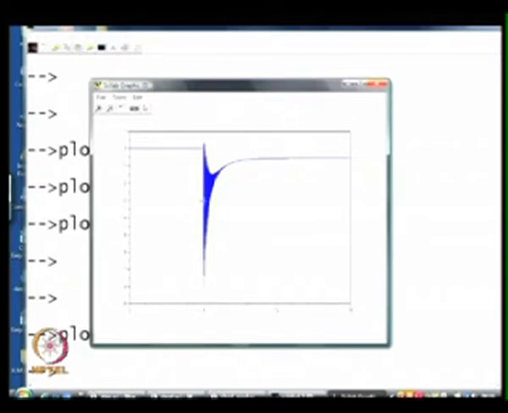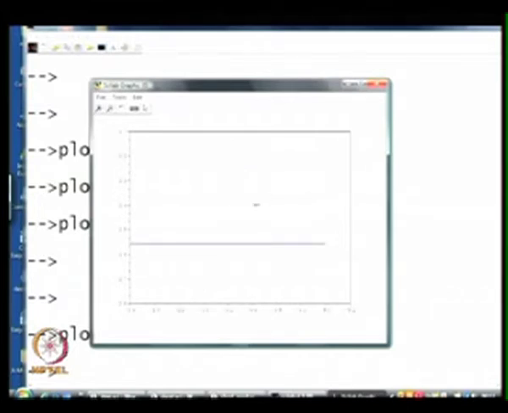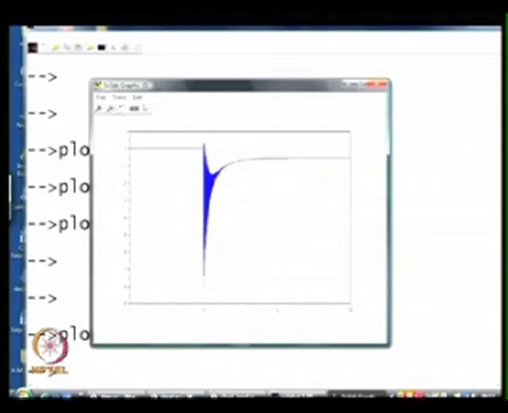The current becomes a very large negative value, and then slowly it settles down to a steady state value, which is approximately 0.55. So this is the response under short circuit conditions.